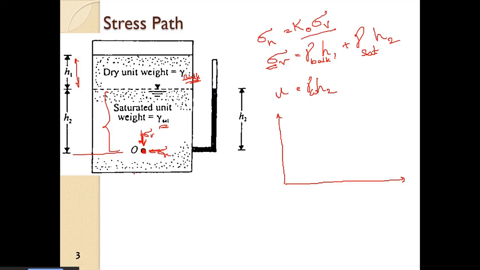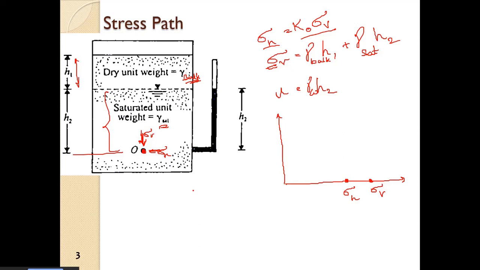Right? So let us now plot the stress condition in this particular sample. So first of all, let us plot the total stress. So we have sigma v here, and we have sigma h, which is k naught into sigma v.